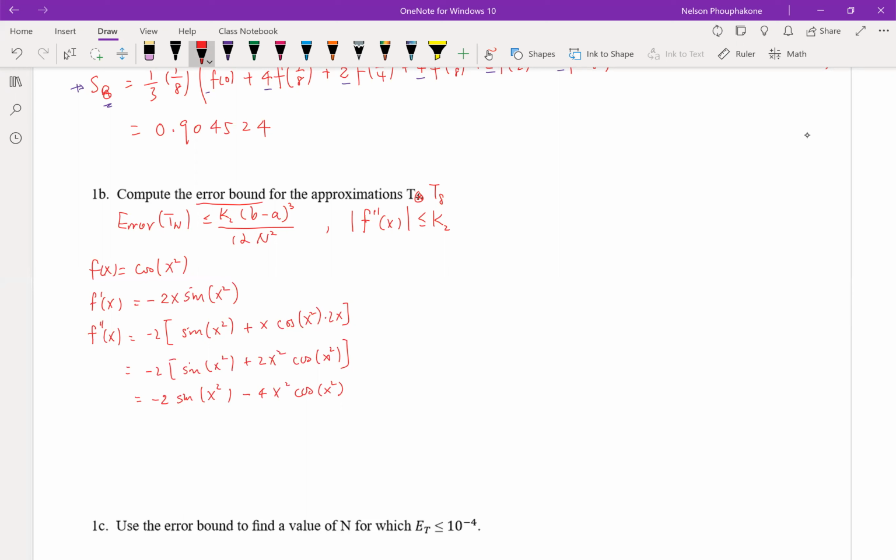Okay, so now how do we actually find the maximum of this? Now, of course, if you remember in Cal 1, how do we find the maximum value of a function? Okay, we could use the first derivative test, right? And then find the critical numbers, work them out, and then find the local maximum or the absolute maximum this way.